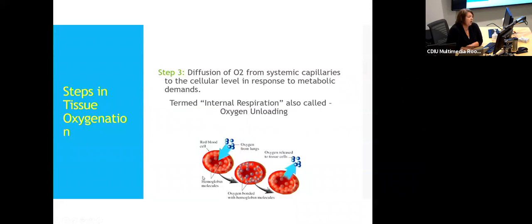So oxygen will offload from the hemoglobin into the tissue level, and at the same time, as your hemoglobin passes through the capillaries, you're going to end up with CO2 that is released.